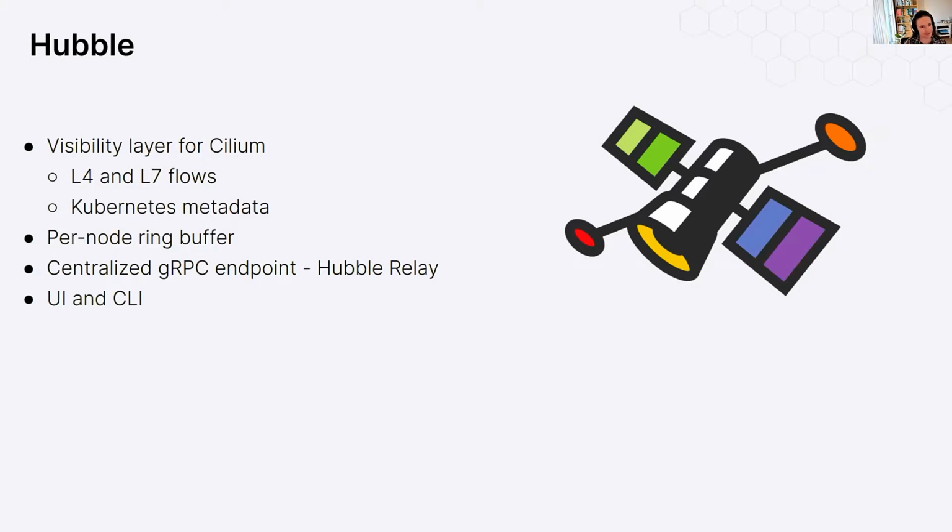One big limitation here is these ring buffers, because their size is configurable, but even the maximum size in a very active cluster, because network activity is what matters here, will hold only a very limited number of flows if we want to store absolutely all network activity that's happening in the cluster.